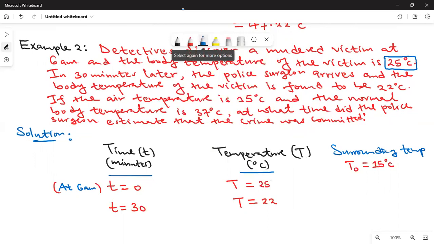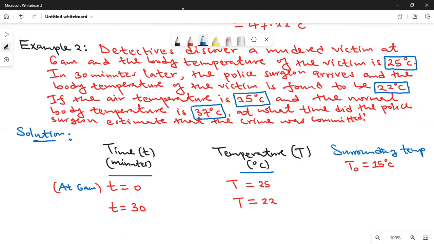Now, 30 minutes later, you again measure the temperature and it is found to be 22 degrees centigrade. I've written there. We are also told the room temperature to be 15. And we know the normal body temperature of a human being is 37.